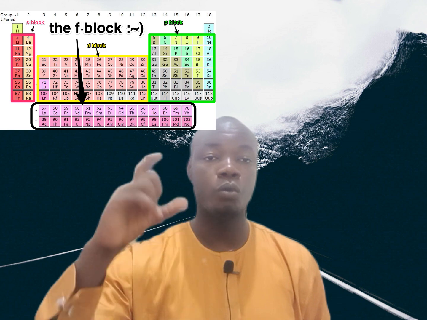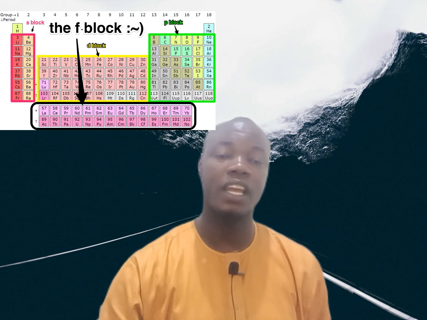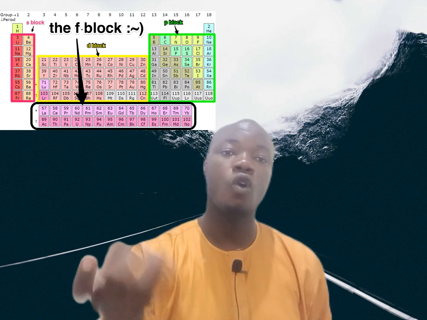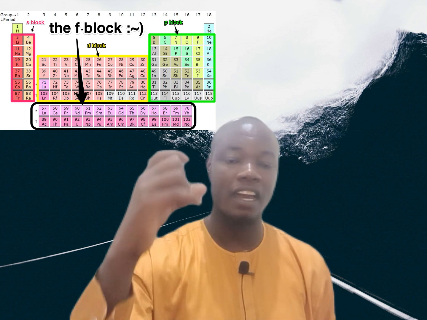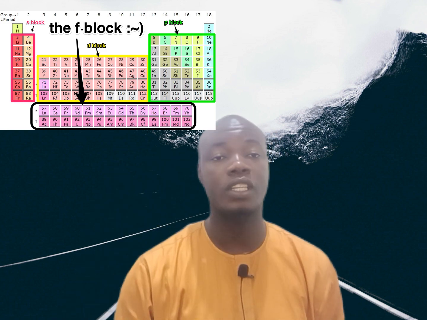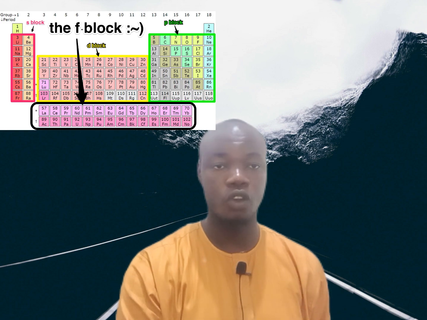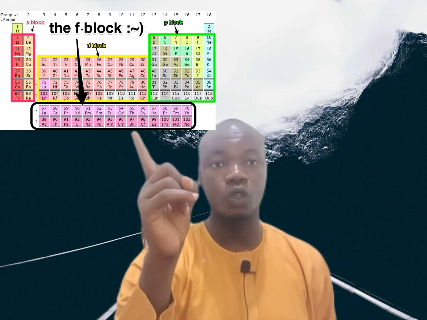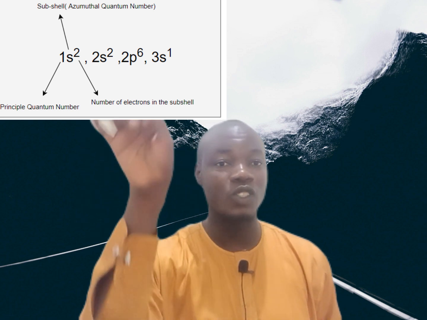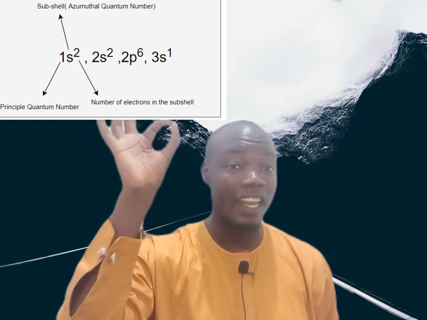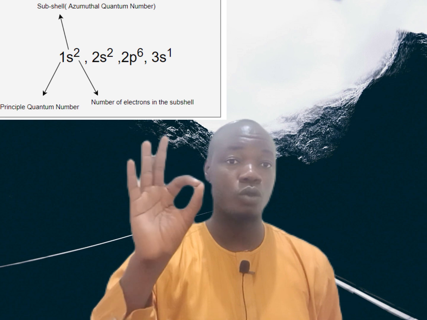Elements in the s block are elements that have their last electron on the s orbital, and that is why they are called s block elements. Take the example of sodium. Look at the electronic configuration of sodium: 1s2, 2s2, 2p6, 3s1. You see that there is only one electron on the last orbital.